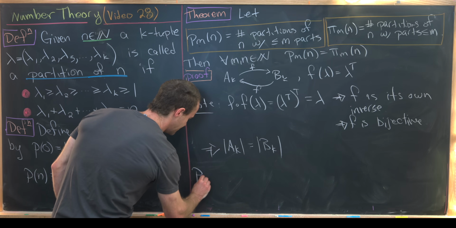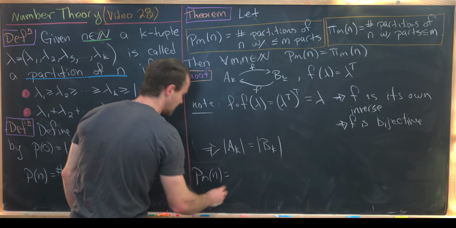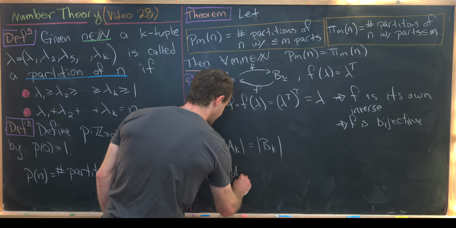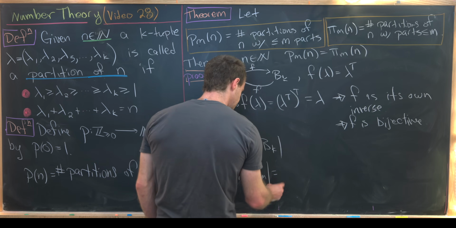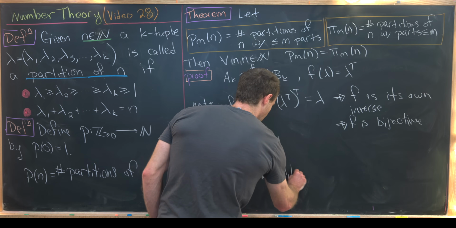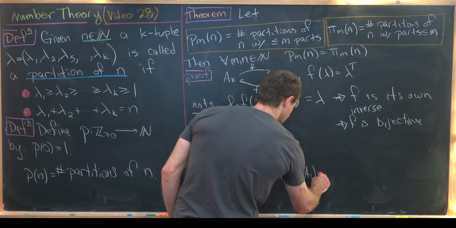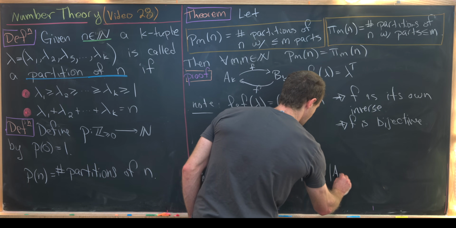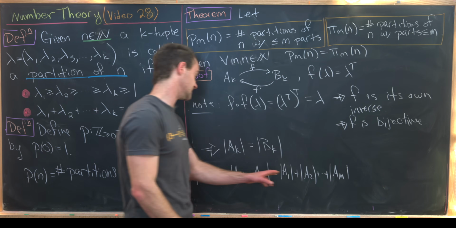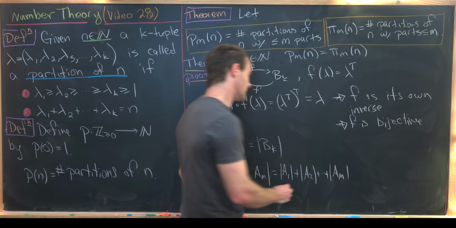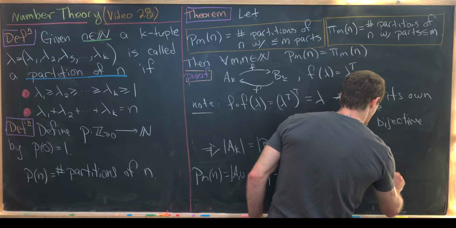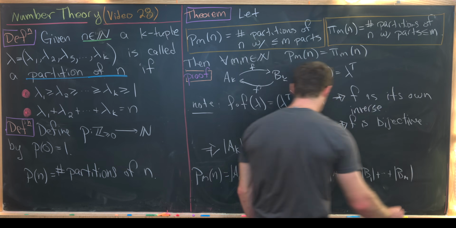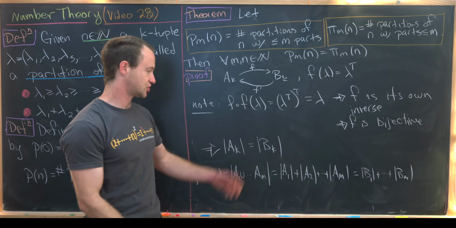So let's notice that p_m of n is equal to the size of A_1 union up to A_m, which is equal to the size of A_1 plus the size of A_2 all the way up to the size of A_m, because those are disjoint sets. But that's equal to the size of B_1 plus all the way up to the size of B_m from what we just showed.